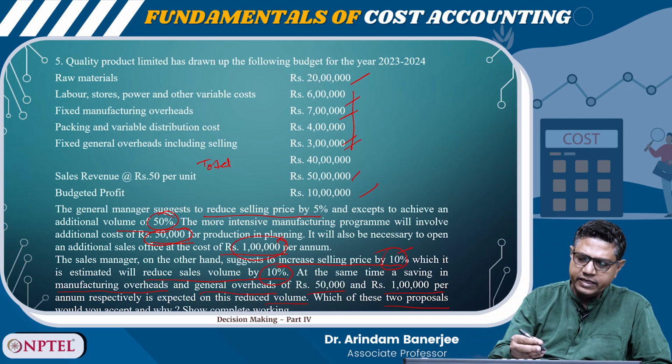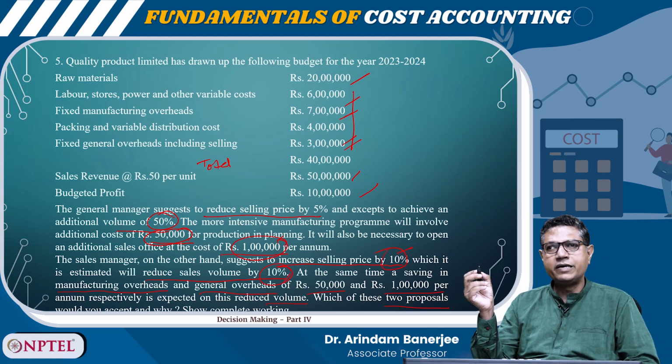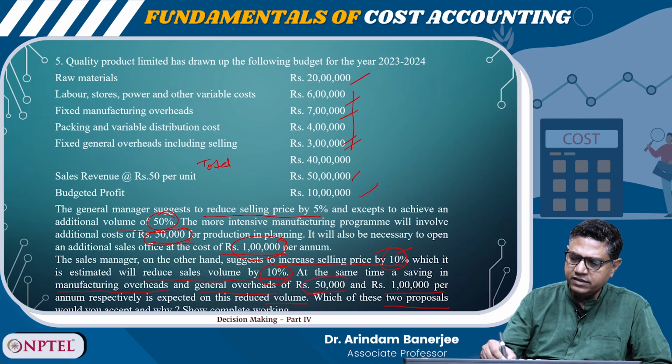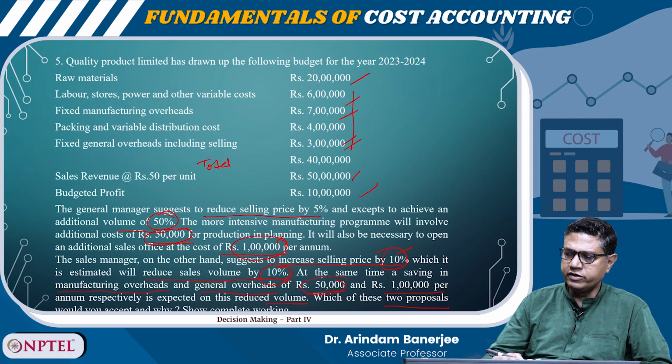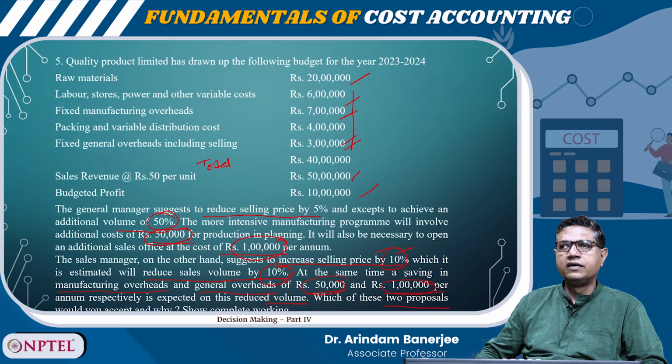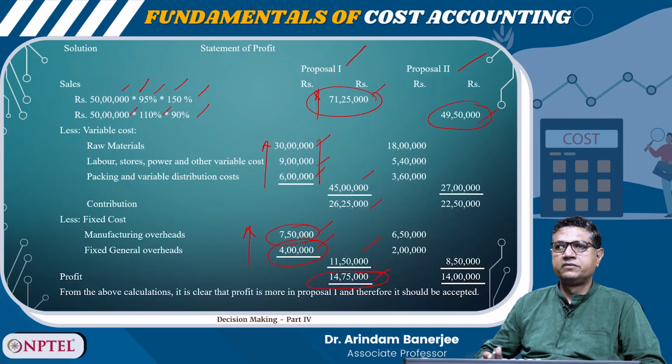So, it is expecting a reduced sale volume by 10%, right. But at the same time it will save in cost. So, it will save 50,000 in manufacturing overhead and 1 lakh in general overhead.